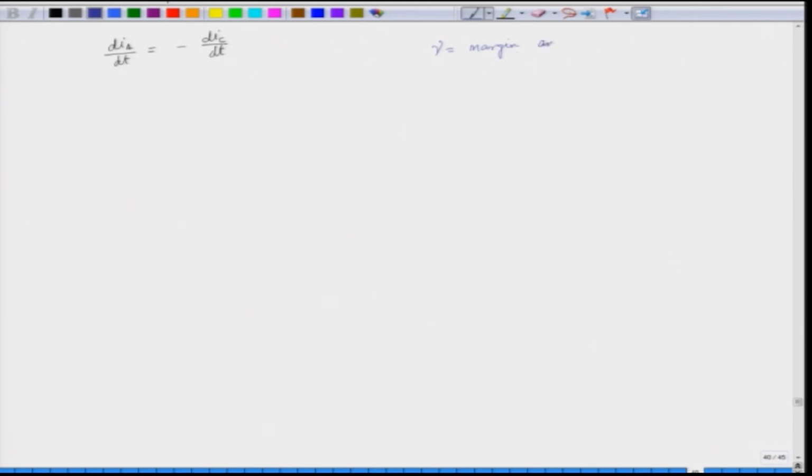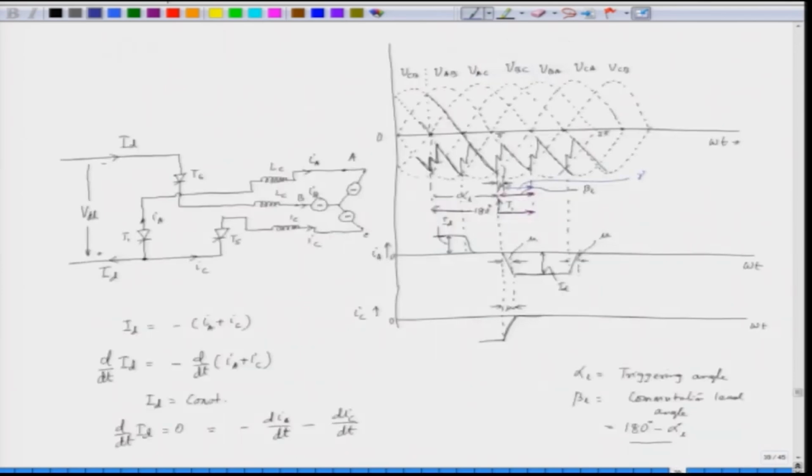Margin angle is equal to 180 degree minus alpha L plus mu. So, whatever is remaining from 180 degree minus alpha L plus mu is called the margin angle. This margin angle is the angle which ensures successful turn off of the SCR.